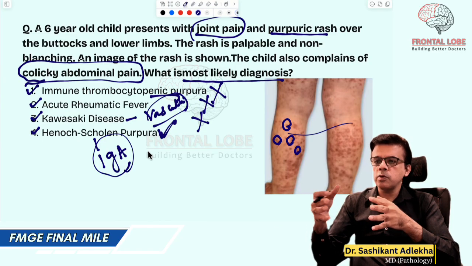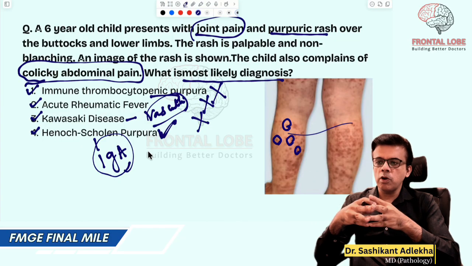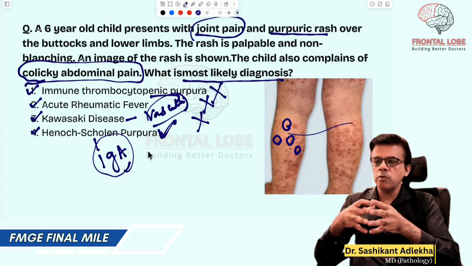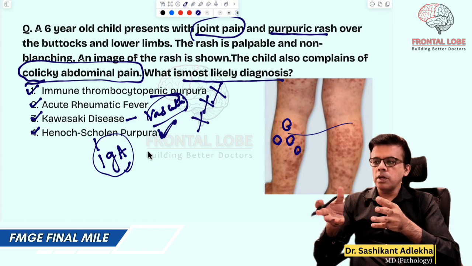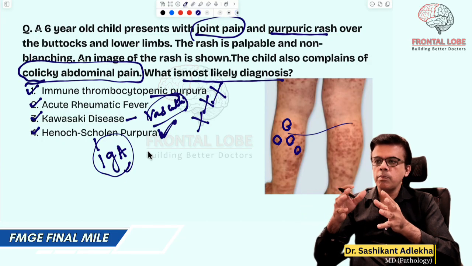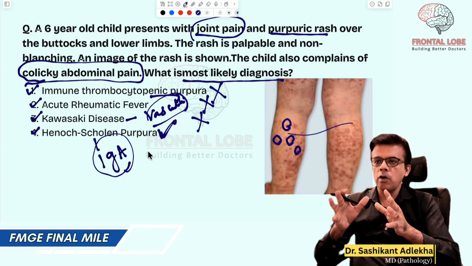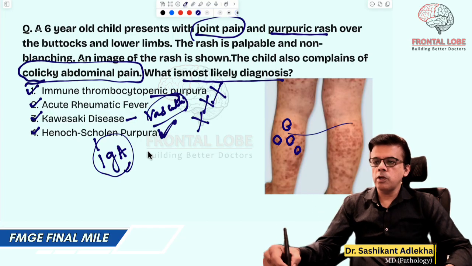In the kidney it produces mesangial proliferative glomerulonephritis, and everywhere else it gets deposited in the blood vessels. It makes the blood vessel wall fragile and susceptible to bleeding. So that will cause purpuric rashes, and generally it involves the abdomen and joints as well. So arthralgia, abdominal pain, purpuric rashes: three classical clinical features of HSP or Henoch-Schonlein purpura.